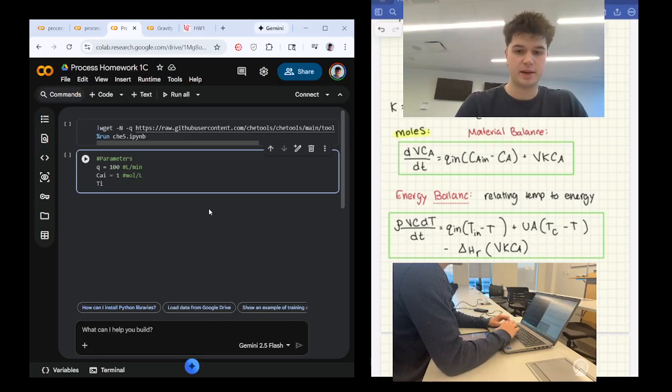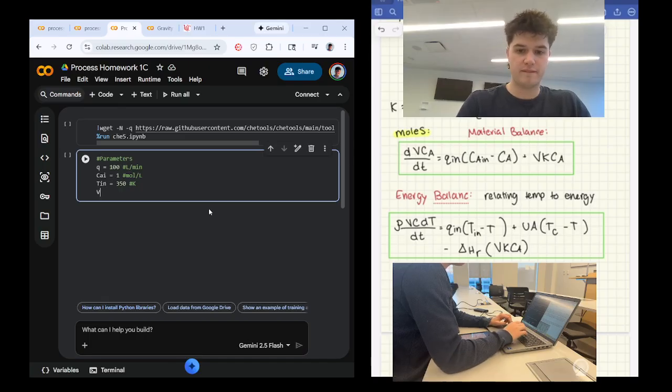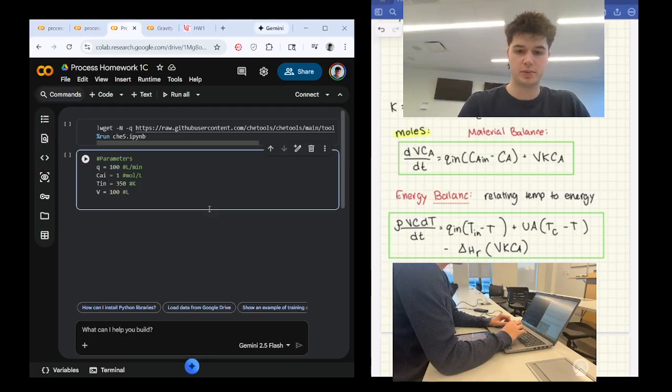Next is temperature in, TN, 350 degrees Kelvin, uppercase K. Next, our volume is going to be 100 liters. Nice simple numbers will make this a lot easier, if you were doing it by hand, which obviously we are not. Next, our density is 1,000 grams per liter. I always forget that number sign.